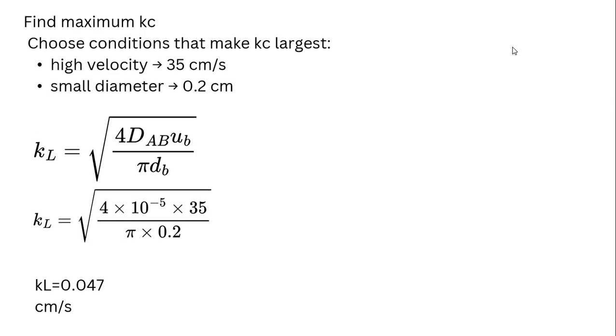Similarly, to find the maximum kL, we need to choose the high velocity, 35 centimeter per second, and the smaller diameter, 0.2 centimeter. After putting the values, we will get 0.047 centimeter per second.